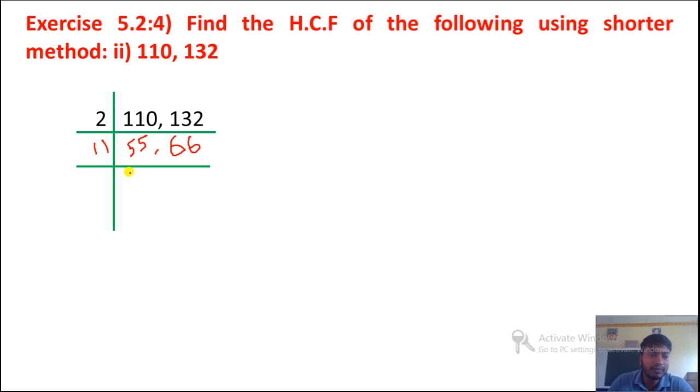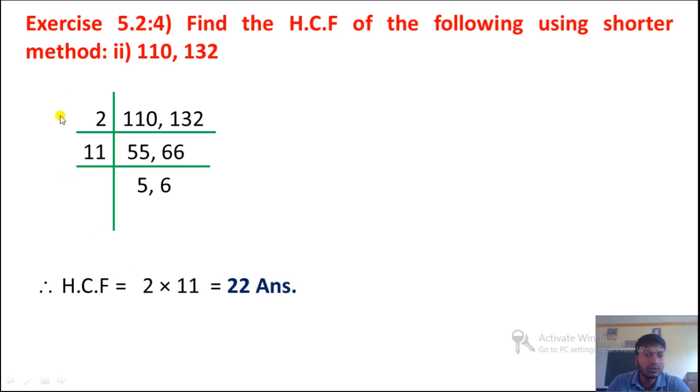By 11 it will go. So 11 5s are 55, keep comma, 11 6s are 66. Now we don't have any prime number which divides both 5 and 6. So we will stop here and write the HCF. So HCF equals 2 into 11. Clear? When we multiply, we get 22. This is the answer. Understood?